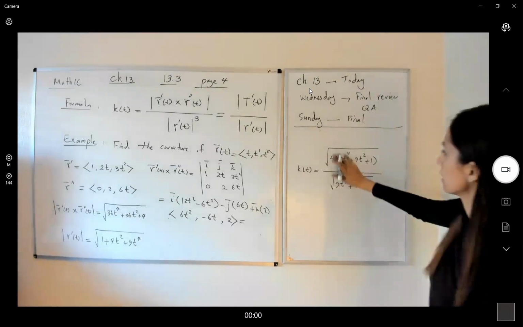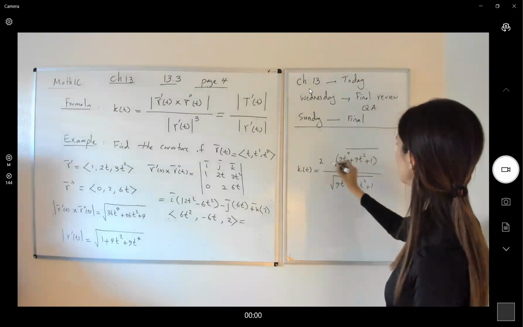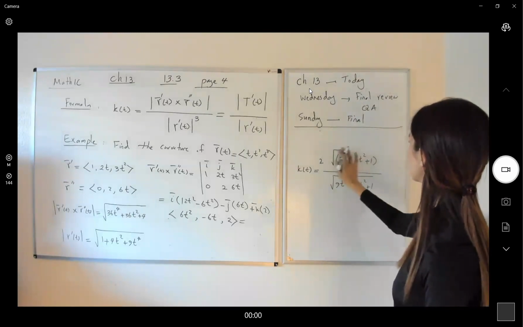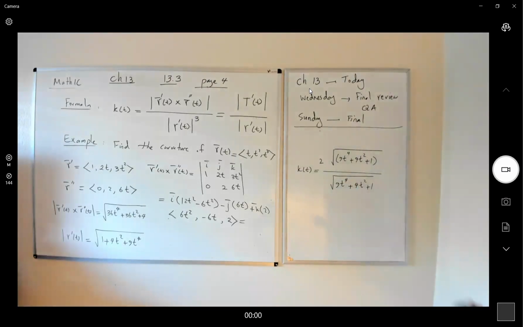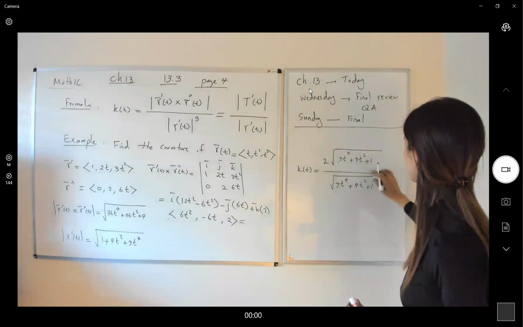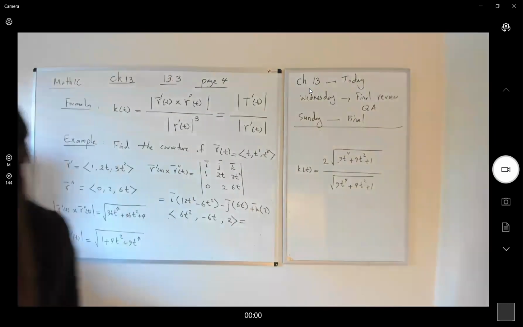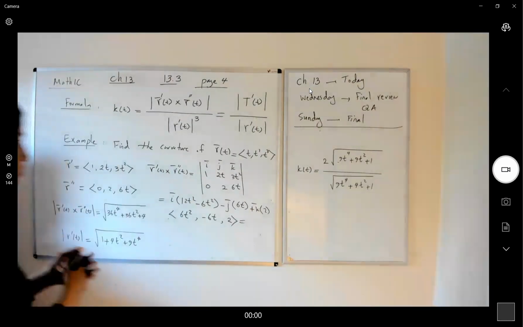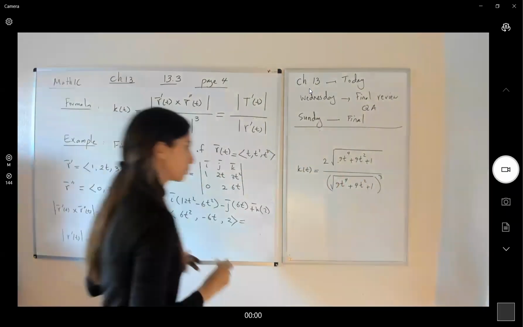Here we can write this outside the radical, which is 2. And this goes to the 3, so remember that this is the square root times 3.